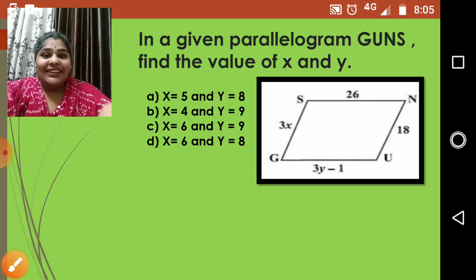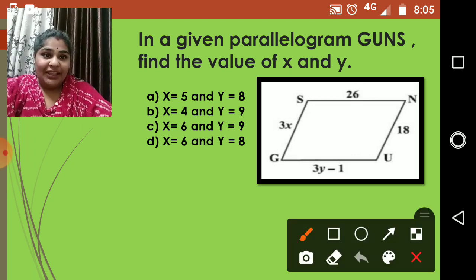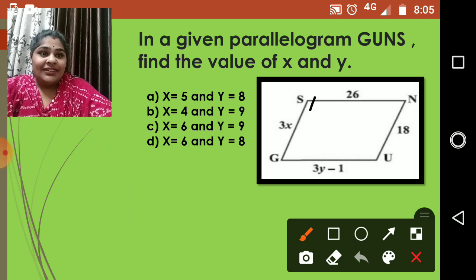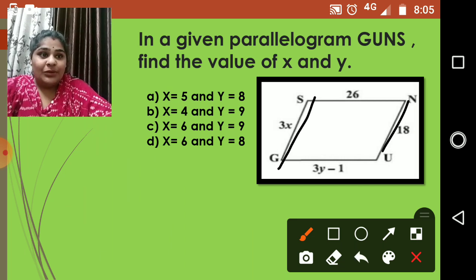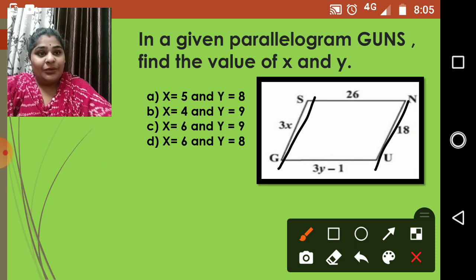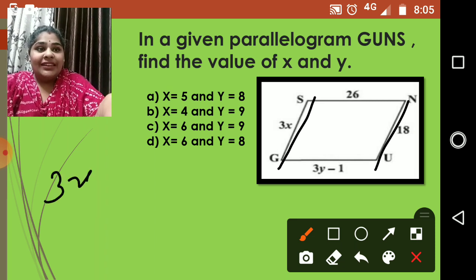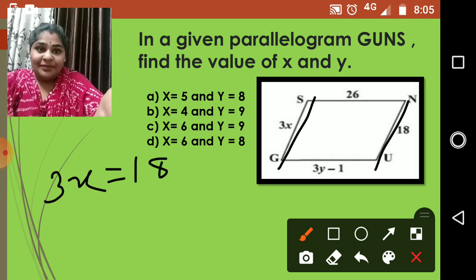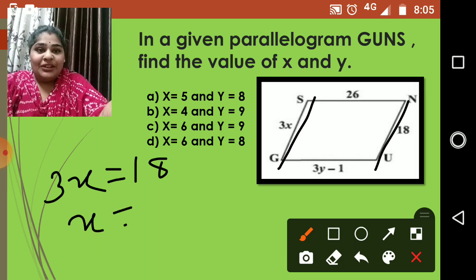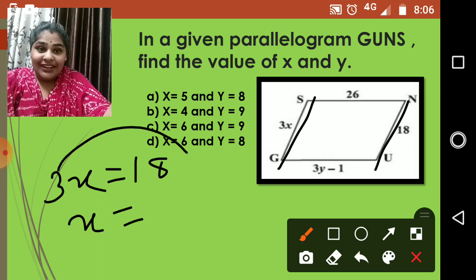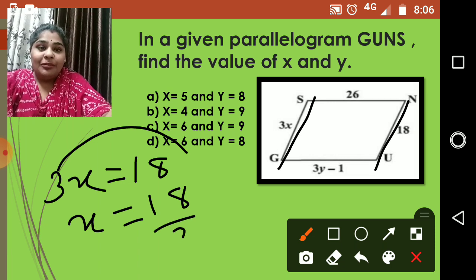Now similarly, finding the other value, that is side SG is equal to side NU. So equating both the sides, we get 3x is equal to 18. Right? So x will be equal to, transposing 3 to the other side, 18 divided by 3.